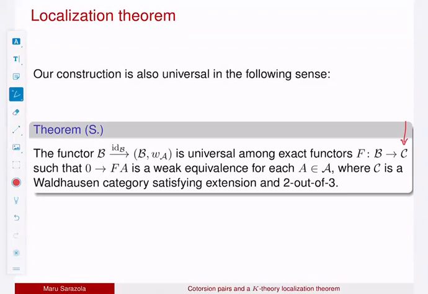So if we manage to find some other Waldhausen category with these nice properties, and with the property that everything that comes from A inside of B is weakly equivalent to 0, then one can prove that the functor f has to factor through our Waldhausen category. So in a sense, this is the smallest such Waldhausen category in this very precise manner.